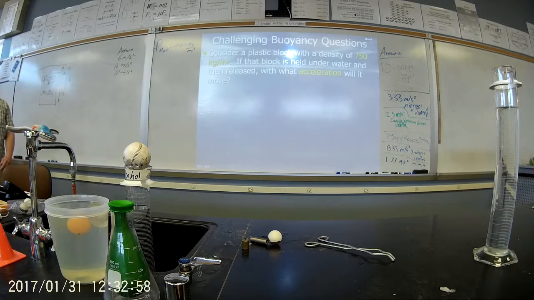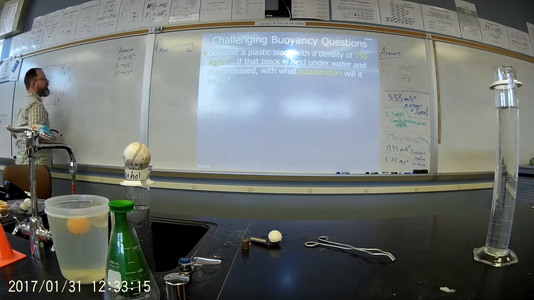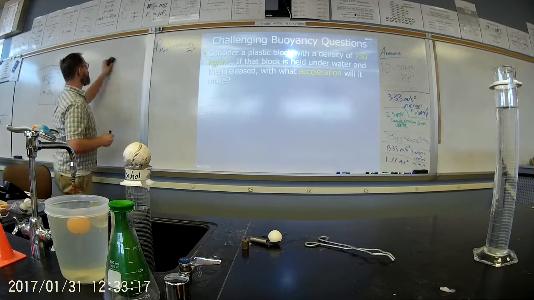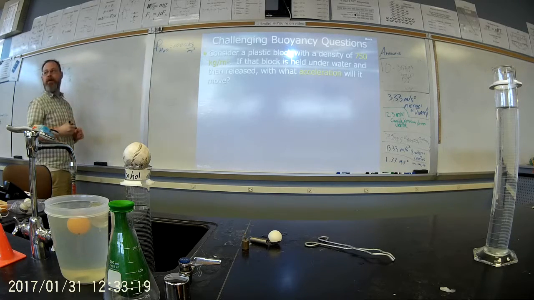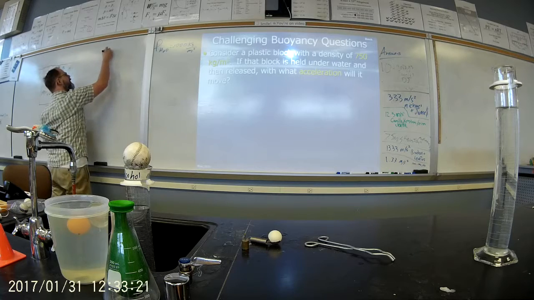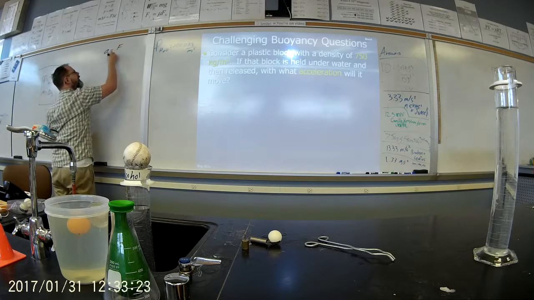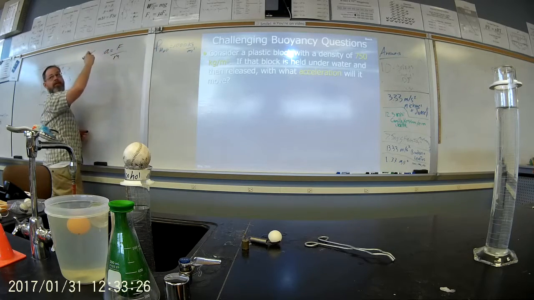Okay. All right. So, ladies and gentlemen, there's basically two force vectors involved, right? We have the weight of the block pulling down and the buoyant force of the fluid pushing up. When we care about acceleration, we like to use Newton's second law, F equals ma, but we need to change it and realize that a is F over m, and what's the F?